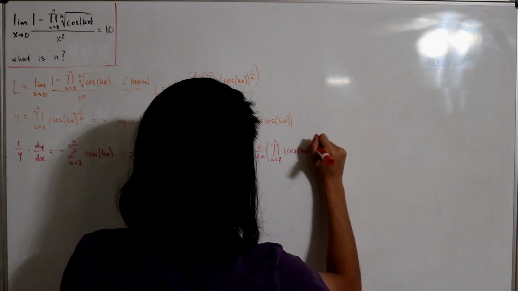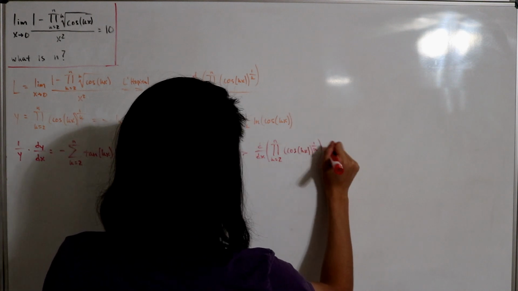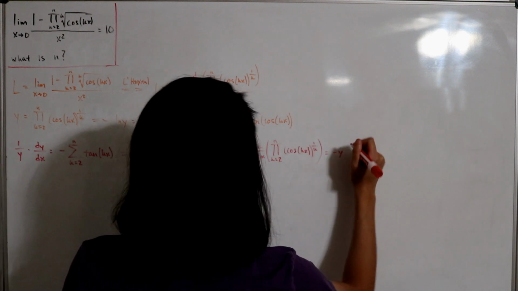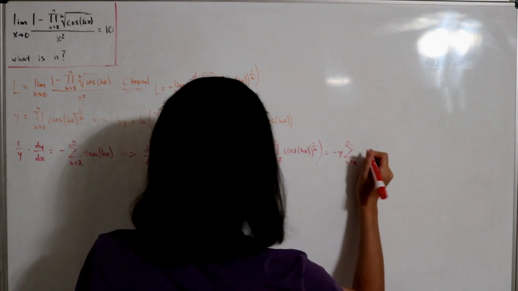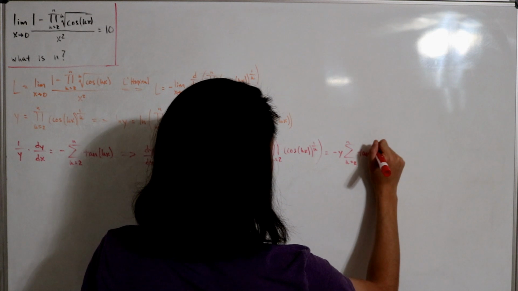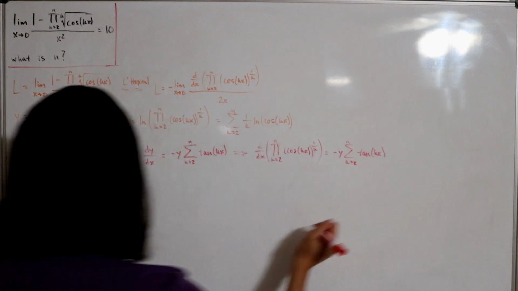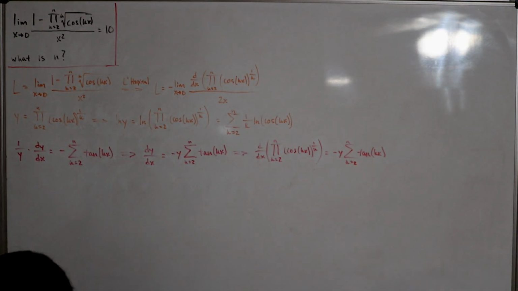That is equal to negative y times the partial sum from k equals 2 of the tangent of k times x. So we know that. Now let's plug some things back in.